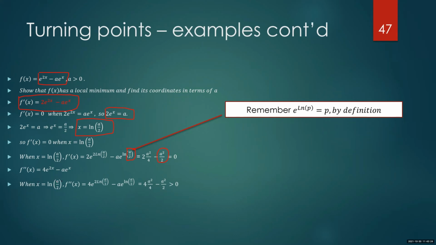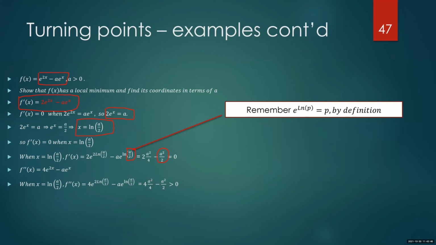And so f double dash of x is 4e to the power of twice the natural log of a over 2 minus ae to the power of the natural log of a over 2. And so that becomes 4a squared over 4 minus a squared over 2.